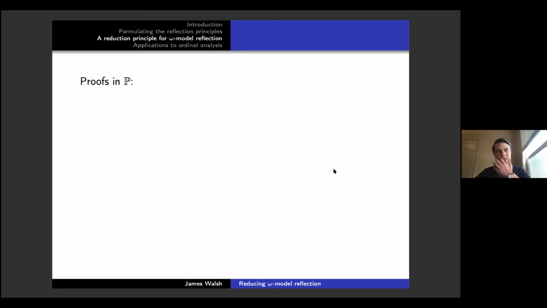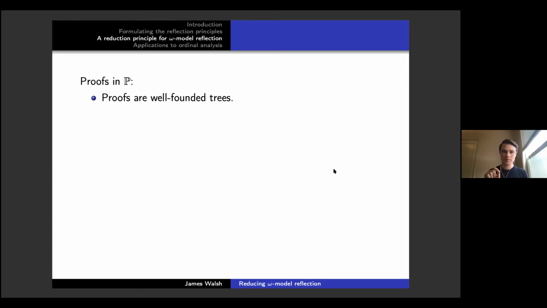So we developed this proof system P. What is a proof in P? The proofs are well-founded trees. It's very common to think of a proof as a tree. The nodes in the tree are decorated with formulas.